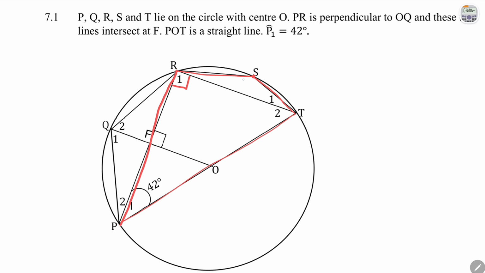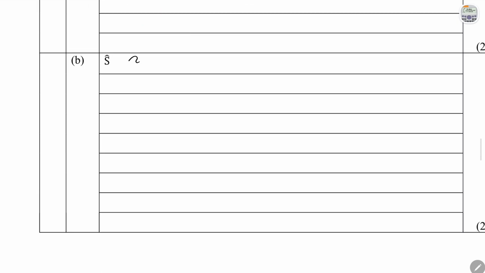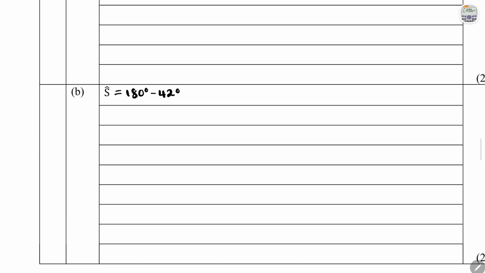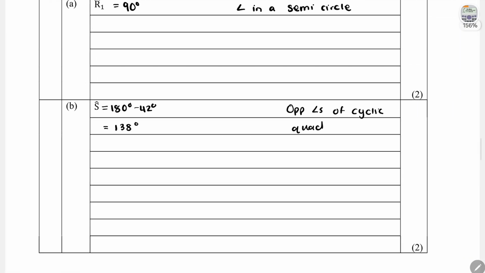So angle S will be found by saying 180 degrees minus 42 degrees, because opposite angles in a cyclic quad add up to 180 degrees. And this is finally equal to 138 degrees. And that is our answer.